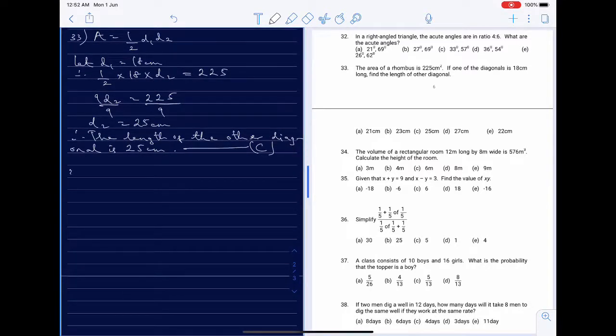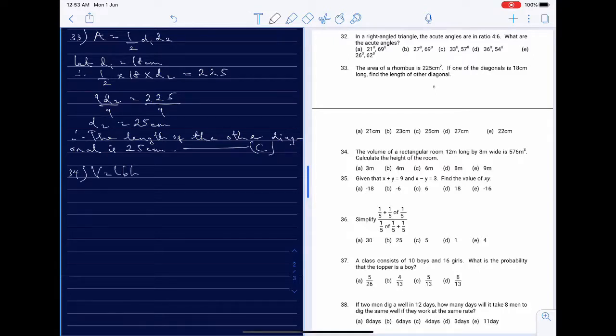Number 34. The volume of a rectangular room, 12 meters long by 8 meters wide, is 576 meters cubed. Calculate the height of the room. Of course, we know the formula of volume.